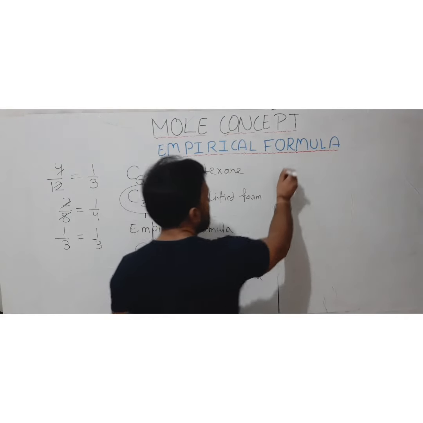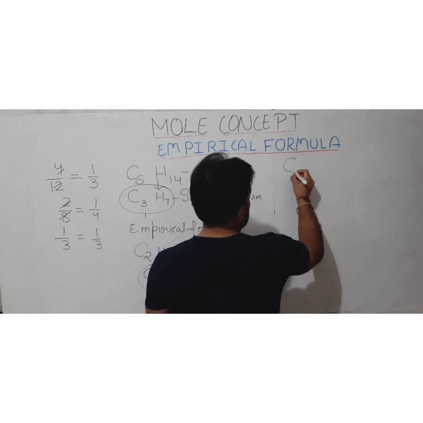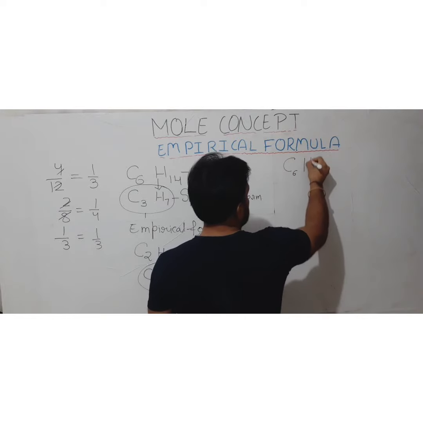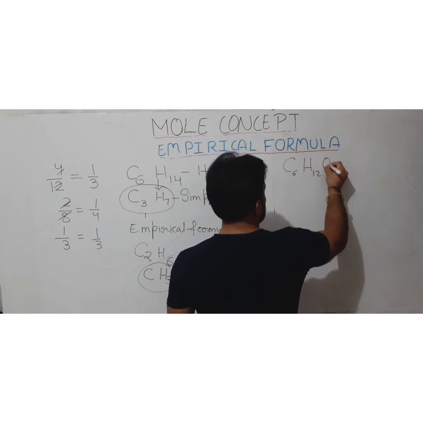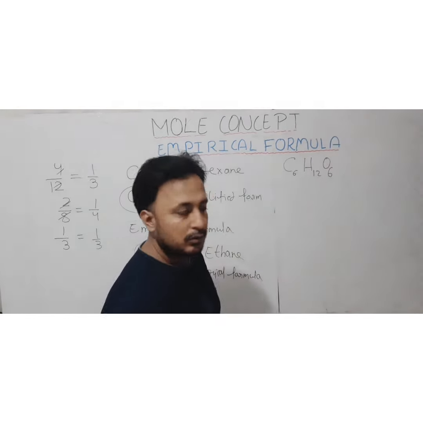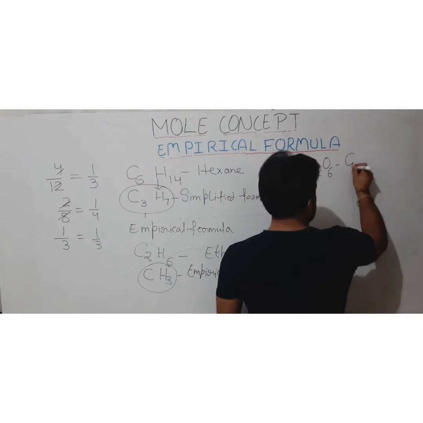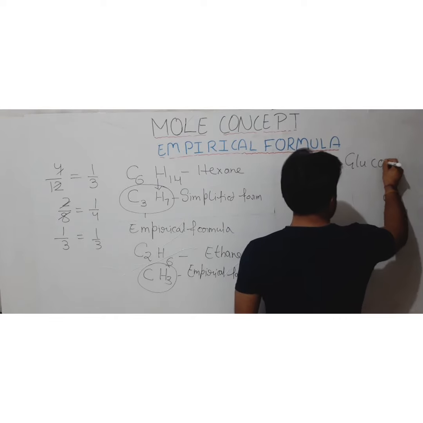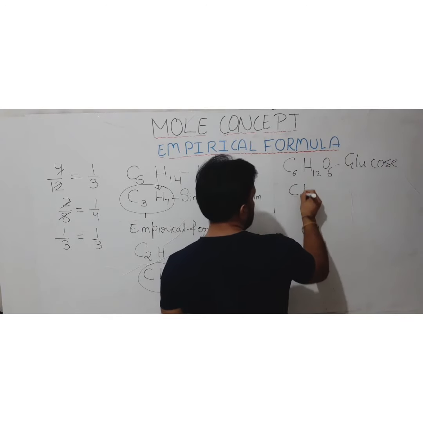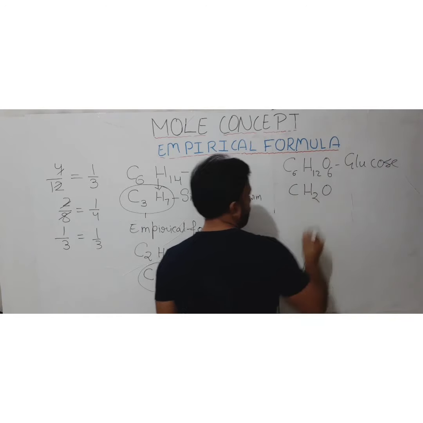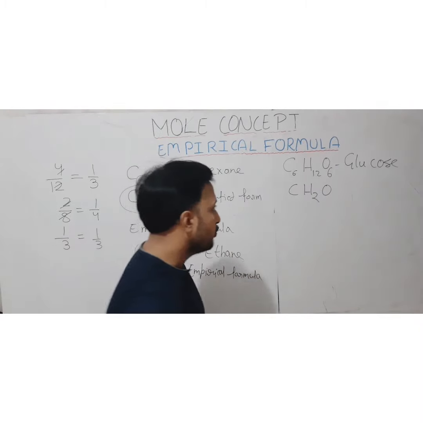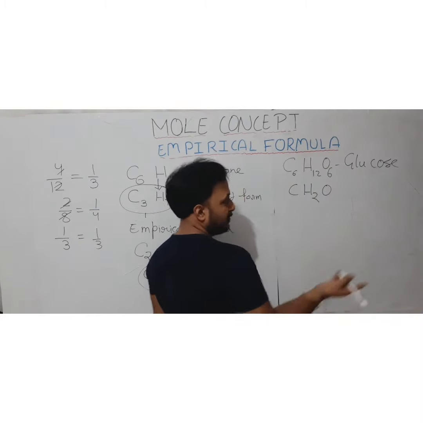One more example: suppose we have C6H12O6, a very common substance that we all know. This is known as glucose, and if you simplify it, it becomes CH2O, because we have taken 6 as common.